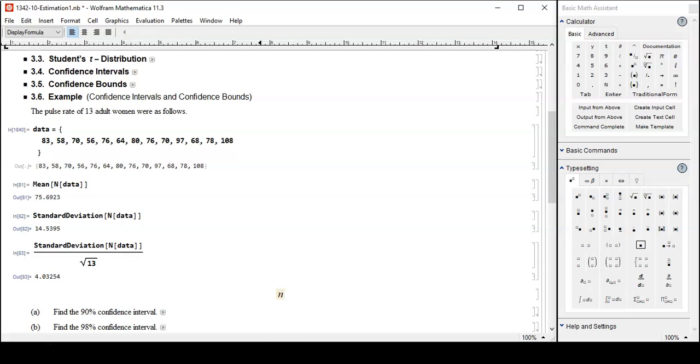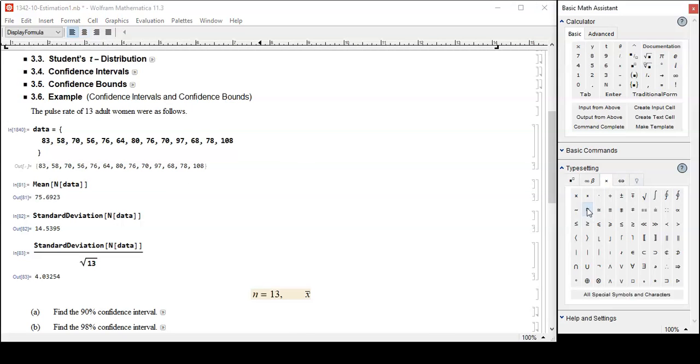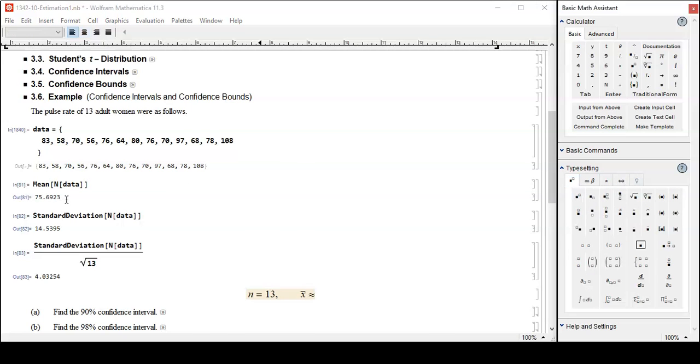We have n is 13, and then the mean x-bar is approximately equal to, we need the approximation symbol, and that's this.